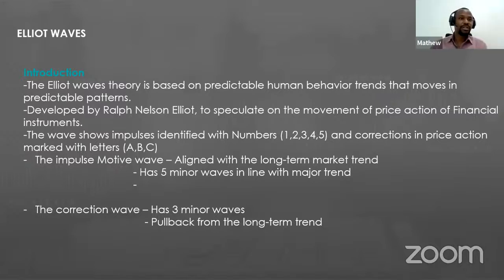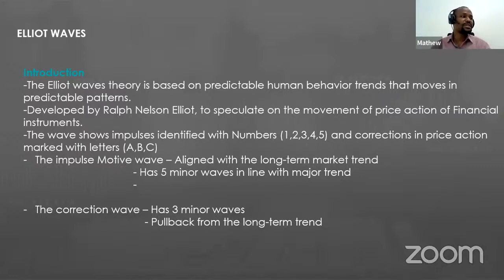Basically, yeah, that's true. So looking at the waves, they identified using numbers like 1, 2, 3, 4, 5. There, it's like 5 waves, and then there are corrections. So anytime you have a market trending upwards or downwards, there is going to be a correction. Yeah, there's usually a correction.